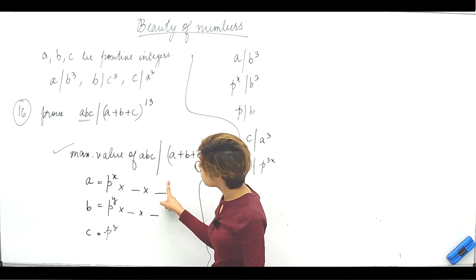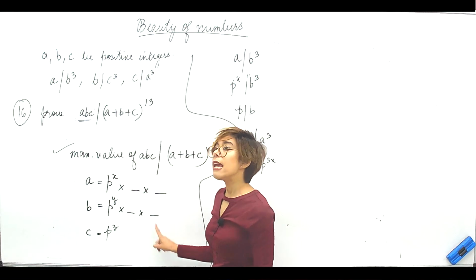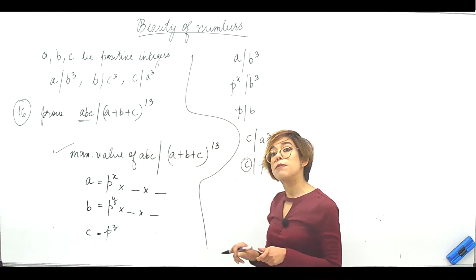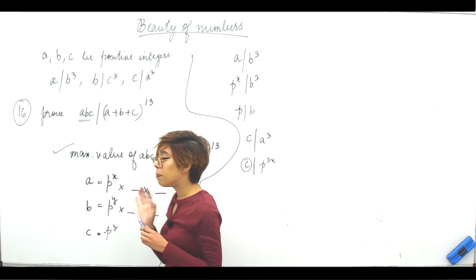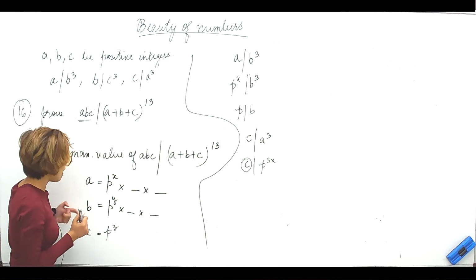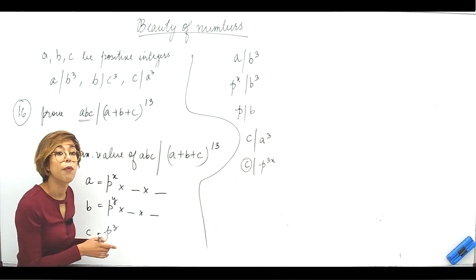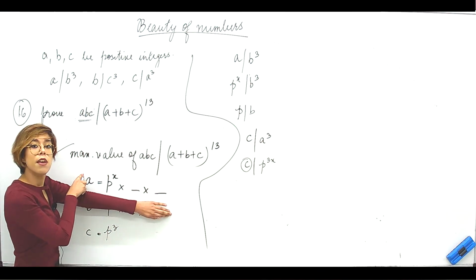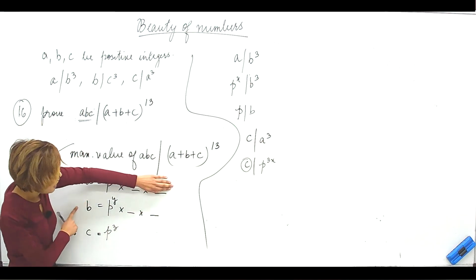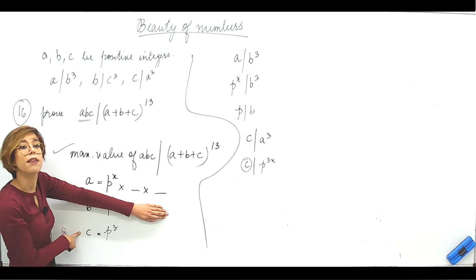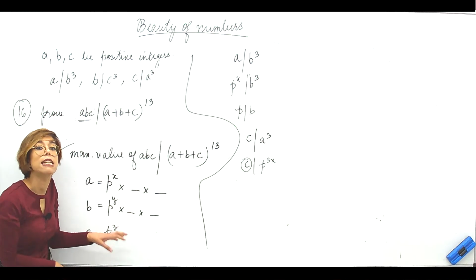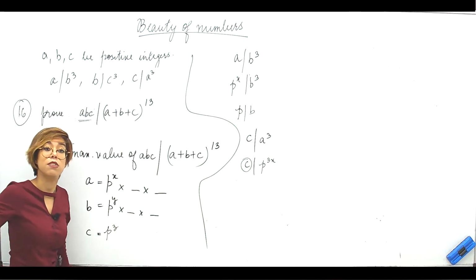Then the third one, it will be present here, here, and here. In fact, I can say that symmetrically, the prime factors of A, B and C will be the same. Whatever the prime factors in A will only be the prime factors in B and C. All these three will have the same prime factors.